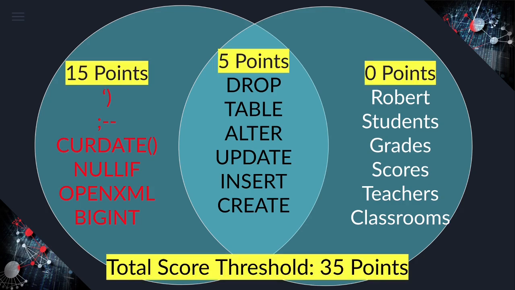Then after I group these words or characters into different buckets, I can assign a score value for each one of these, right? And that score is a function of what's the probability that that particular string of characters is malicious versus not malicious, right? Obviously, this is going to be a lot more nuanced.